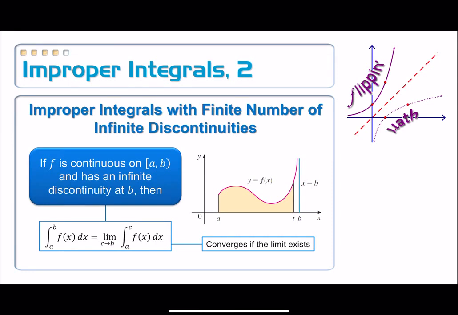So once I've turned it into this one-sided limit, then I can evaluate the definite integral and then perform the limit. If the limit exists, we'll say that it converges, just like on the previous ones, and we're going to say that it diverges otherwise. It's going to shoot off to infinity, okay?